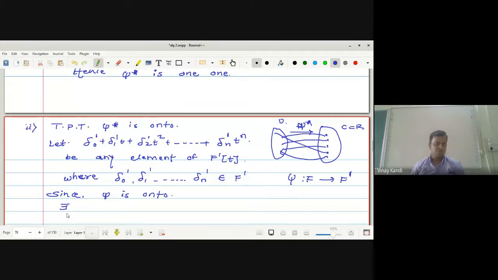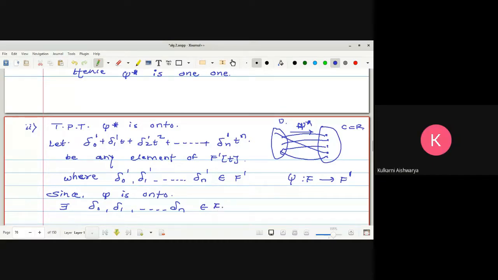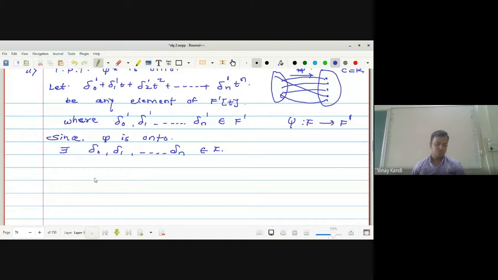So ontoness means there exist delta naught, delta 1, up to delta n belonging to f, such that psi of delta naught is equal to delta naught dash, psi of delta 1 is equal to delta 1 dash, up to psi of delta n is equal to delta n dash.